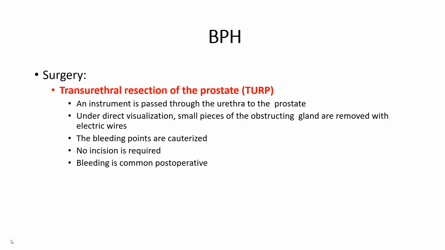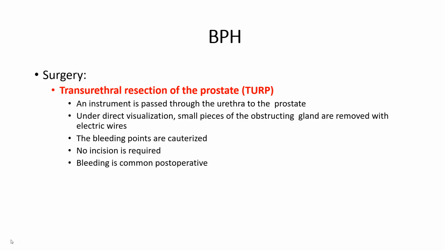So following, a Foley catheter is put in place with about 30 or 60 cc's of sterile water inflated in the balloon. And this balloon is overfilled because you want to make sure that it stays in place. Okay? And you want to make sure that pressure of the balloon on the prostate area also helps with stopping the bleeding.